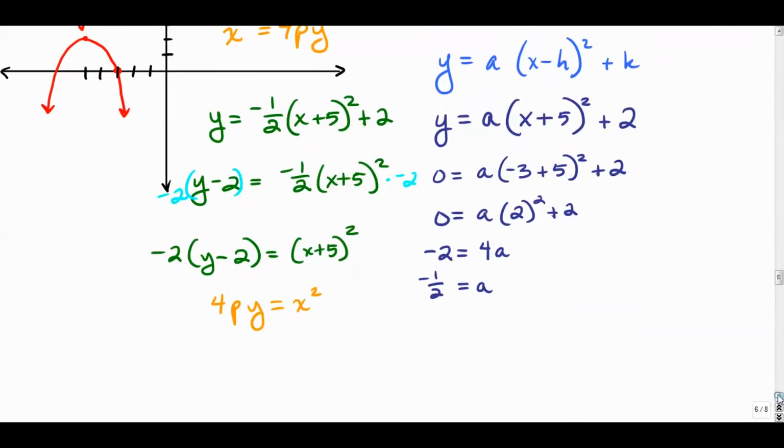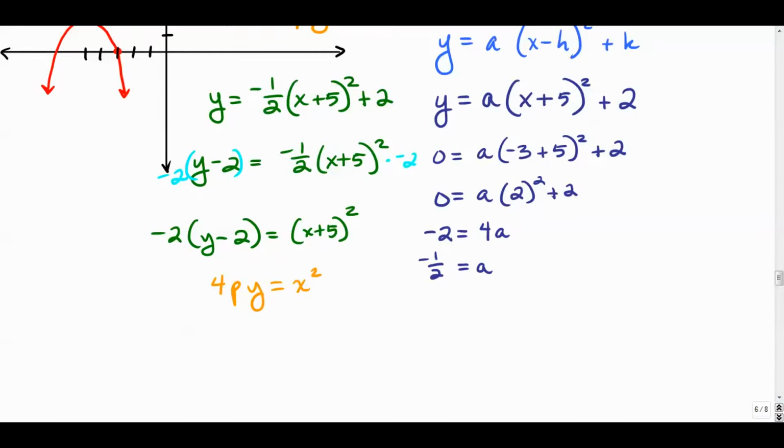Now our p value is not negative 2, but again, as you saw in the last video, 4p is equal to this, the coefficient of our y term. So 4p is equal to negative 2, so p is equal to negative 1/2.